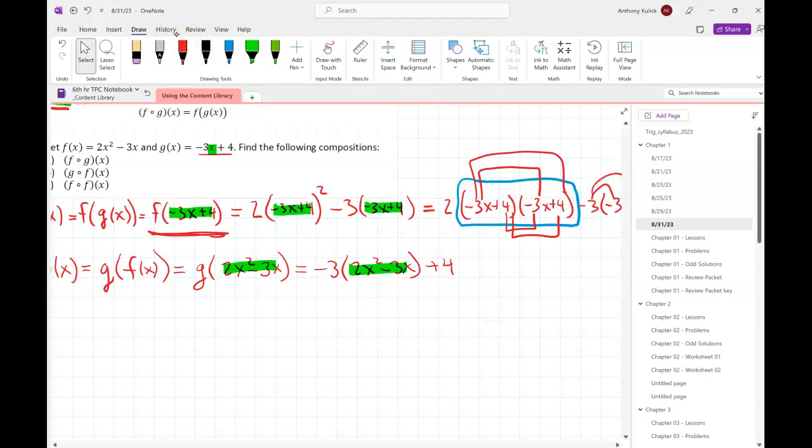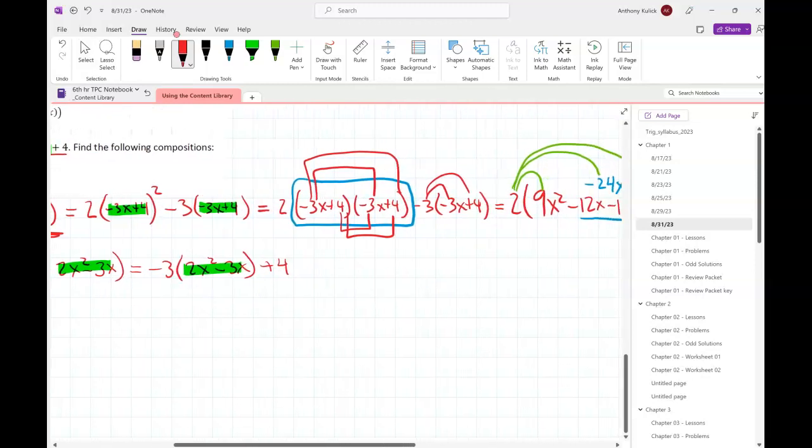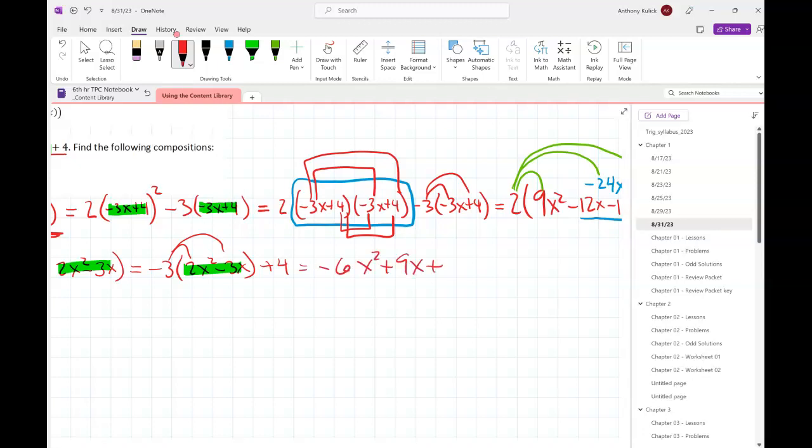Because there's no exponent involved, there's no foiling to do. I just distribute that negative 3. And look at that, I'm done.